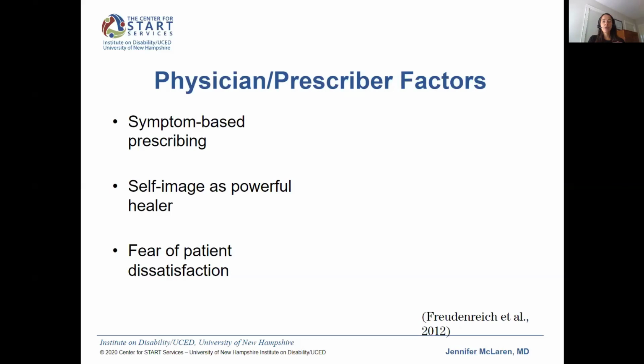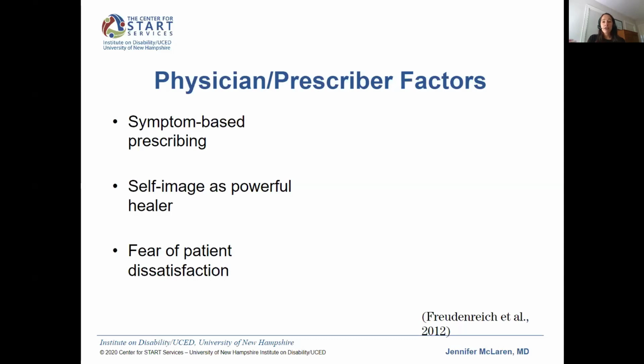Some physicians will see themselves as a powerful healer. And if that's true, they can get caught in this trap where they're looking to fix everything with medications when we certainly know that there's many things that medications cannot solve or fix.